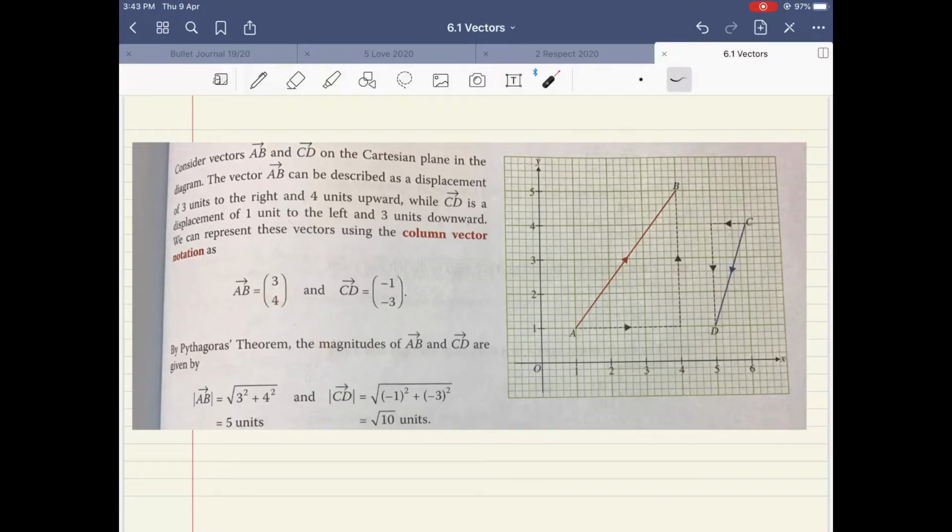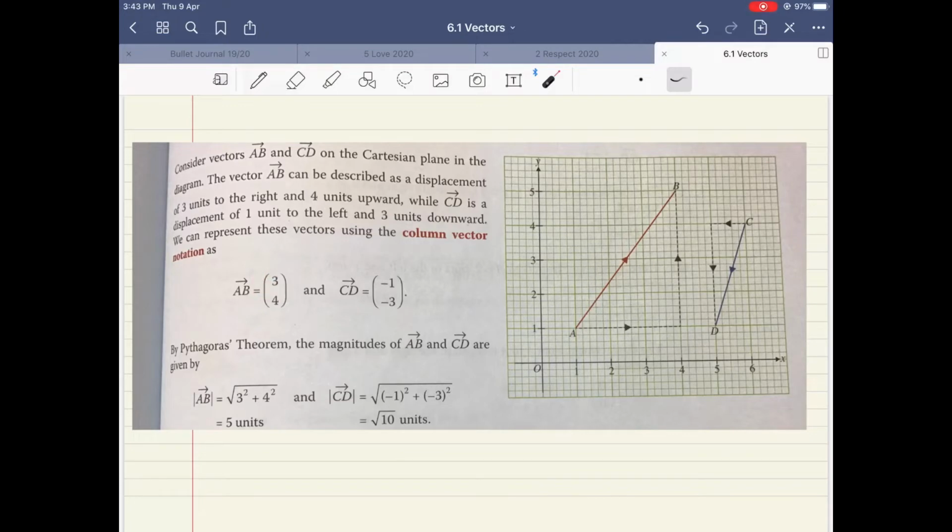For example, on the x and y plane, going to the right is positive x, going to the left is negative x, going upwards is positive y, going downwards is negative y. So for column vector AB, it is moving 3 units towards positive x, hence down there, 3.